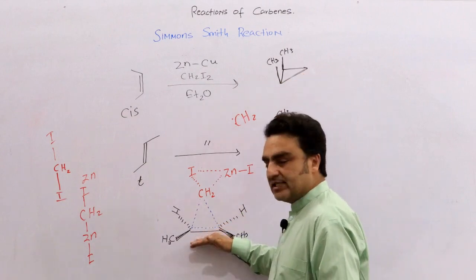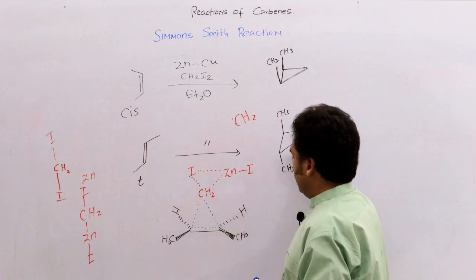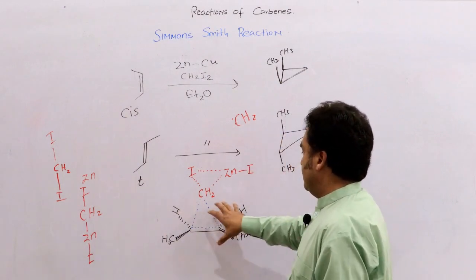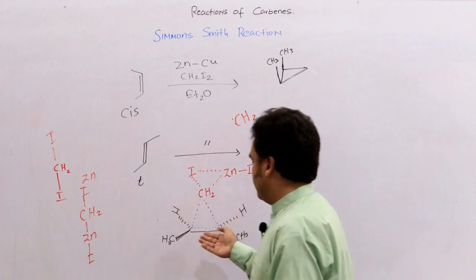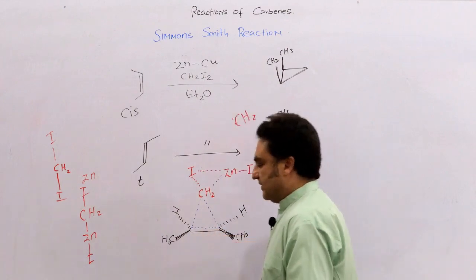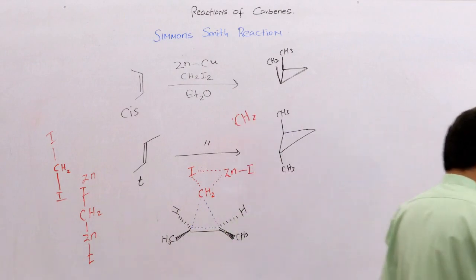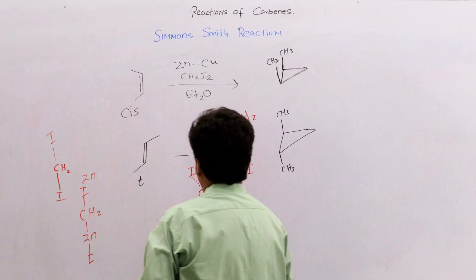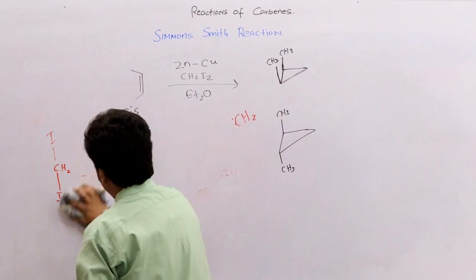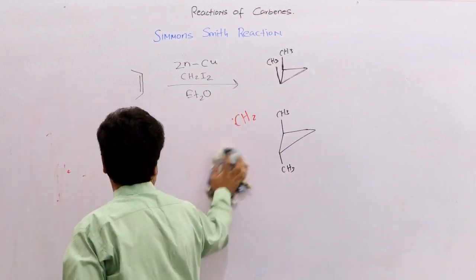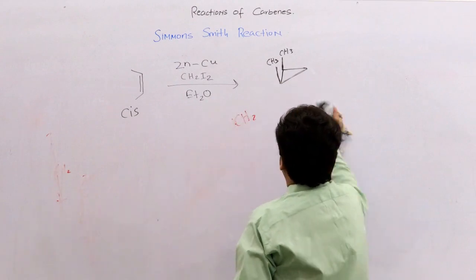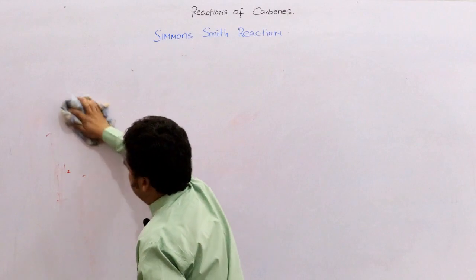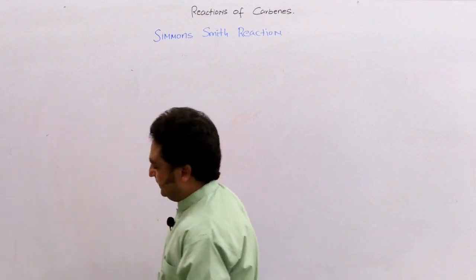If it were a trans-alkene, then we would get a trans cyclopropane. It's enough, because we should not repeat it for the trans, as it will consume extra time. It will be clear to you why the Simmons-Smith reaction is very important.